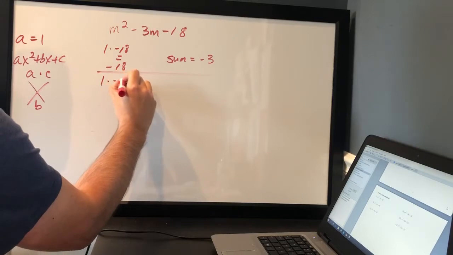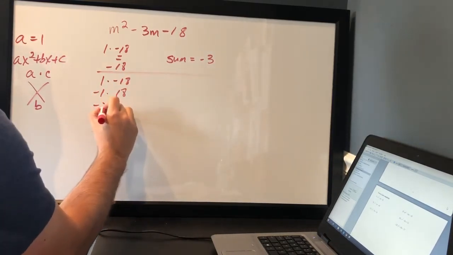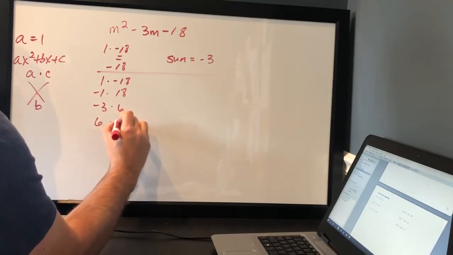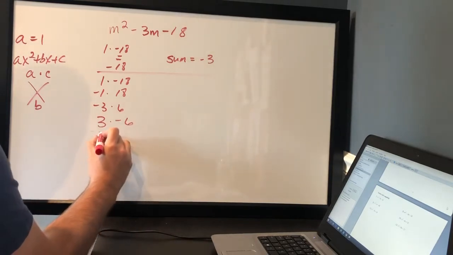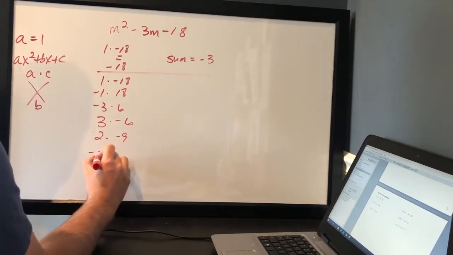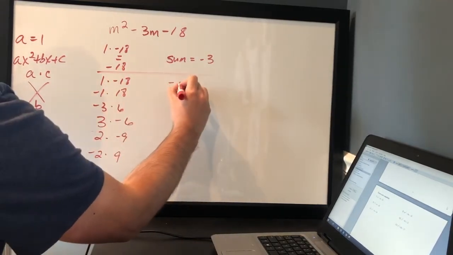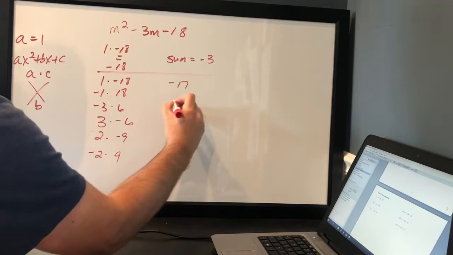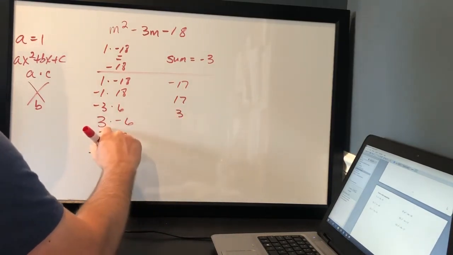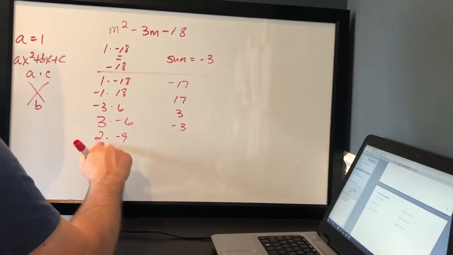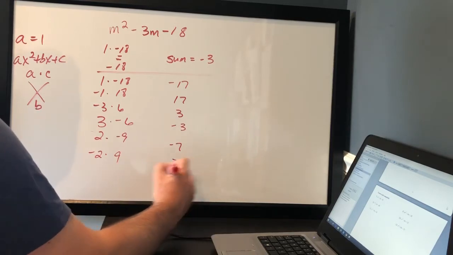So we always go 1 and negative 18, negative 1 and 18, negative 3 and 6, 3 and negative 6, 2 and negative 9, negative 2 and 9. These add up to negative 17. Negative 1 and 18 add up to positive 17. Negative 3 and 6 add up to 3. 3 and negative 6 add up to negative 3. 2 and negative 9 is negative 7. Negative 2 and 9 is positive 7.